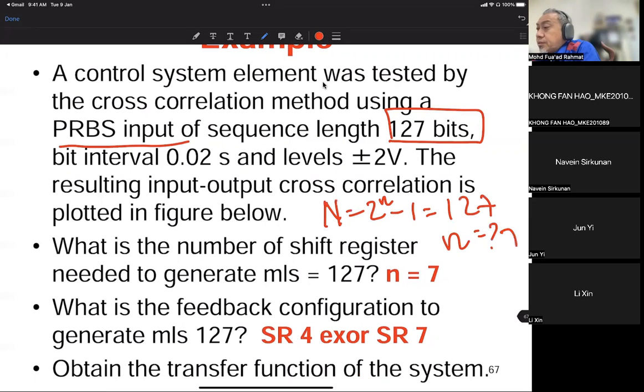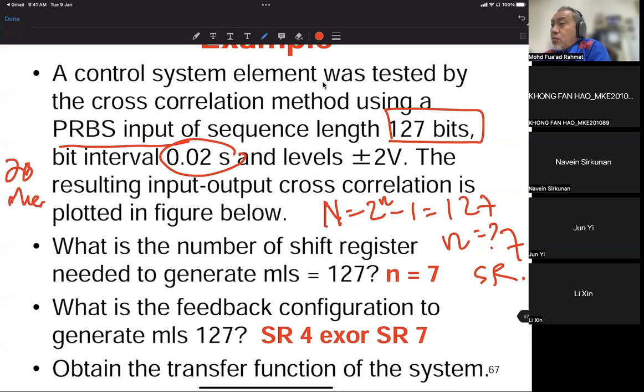So you need a 7-stage shift register in order to generate it. Bit interval is 20 milliseconds, and the level is plus or minus 2 volts, so plus 2 is equal to 1, minus 2 is equal to negative 1.